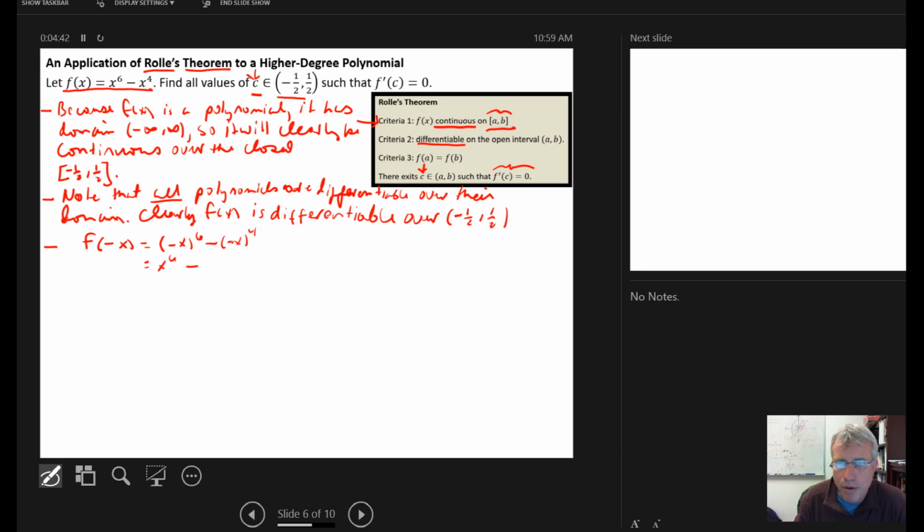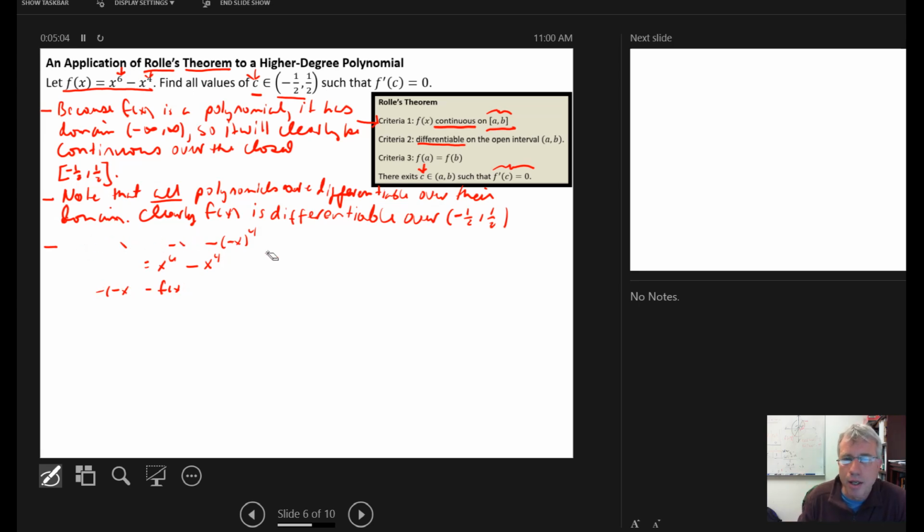This is the 4th power, it's going to kill that negative. And we wind up getting the same thing that we would have gotten just by plugging x into the function. So in other words, when f of the opposite of x equals f of x, we have an even function. So I can recognize that this is an even function by looking at the degree of the individual terms. They're even terms in a polynomial. This is an even function.